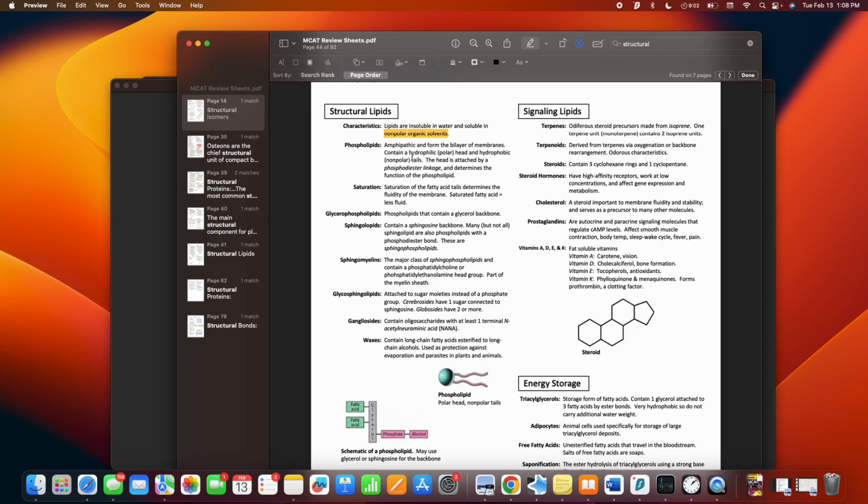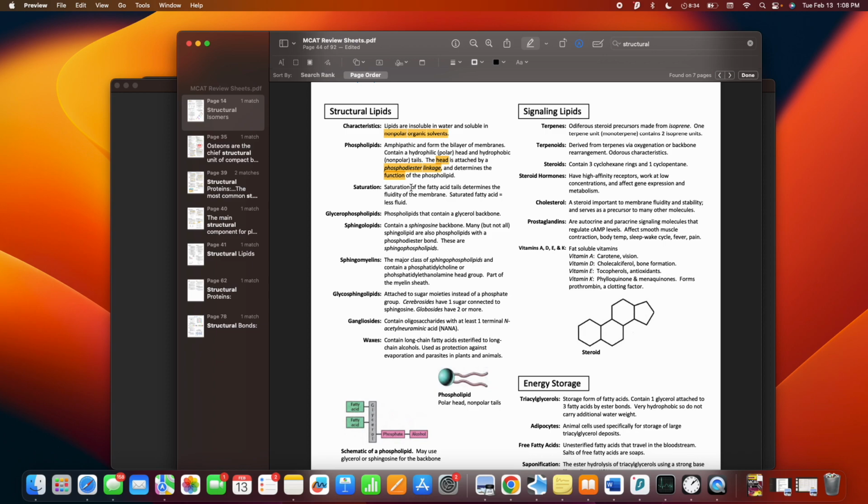They contain a hydrophilic polar head and hydrophobic nonpolar tails. The head is attached by a phosphodiester linkage and determines the function of the phospholipid. The head, is it the nonpolar or polar? It's the polar, right?